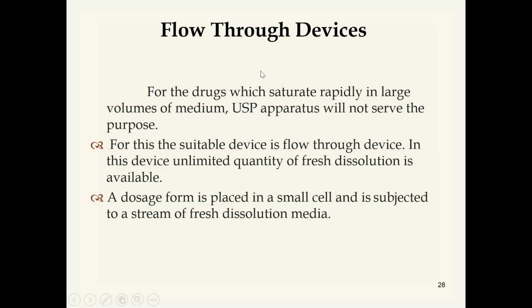For these, the USP apparatus will not serve the purpose. That's the reason the flow through device is suitable. In this device, an unlimited quantity of fresh dissolution medium is available, in the flow through cell.